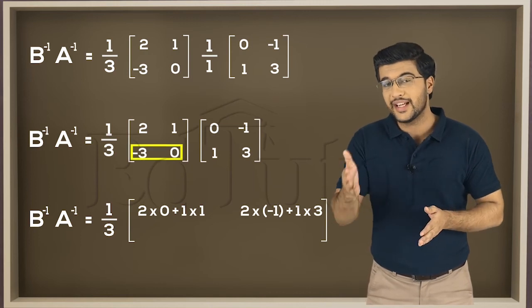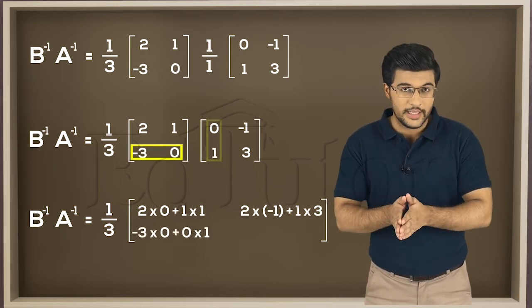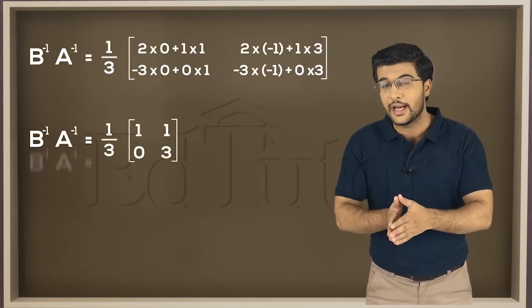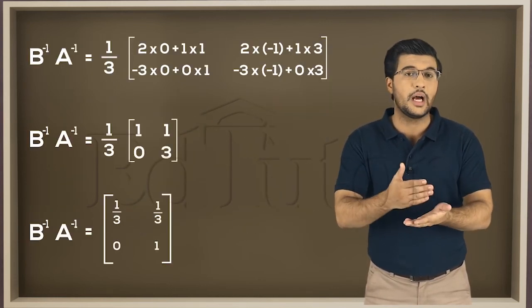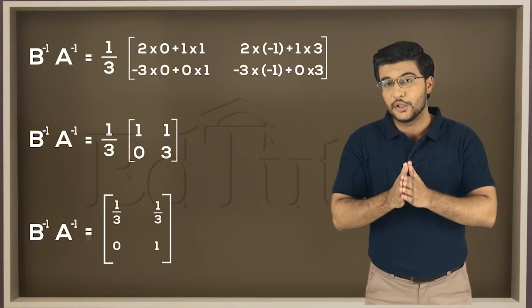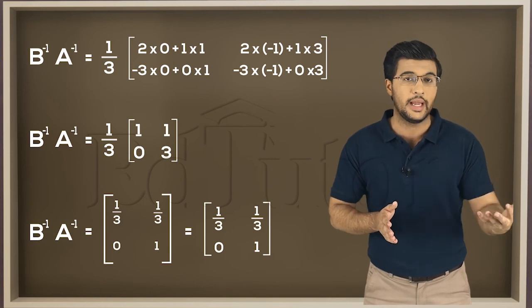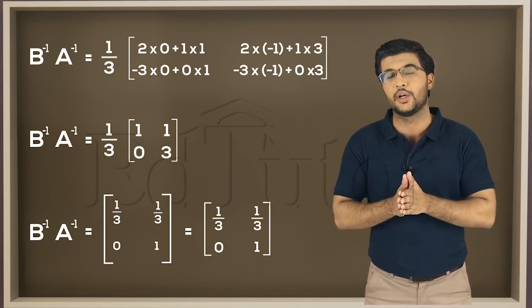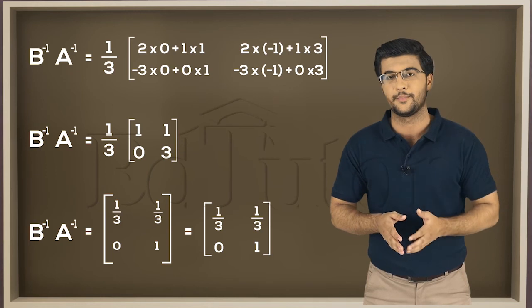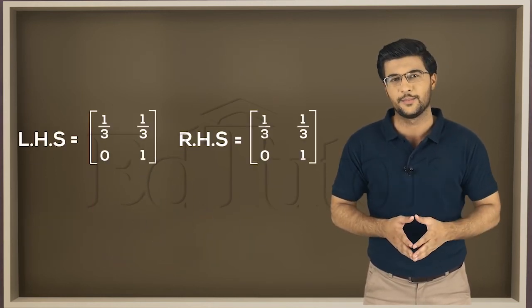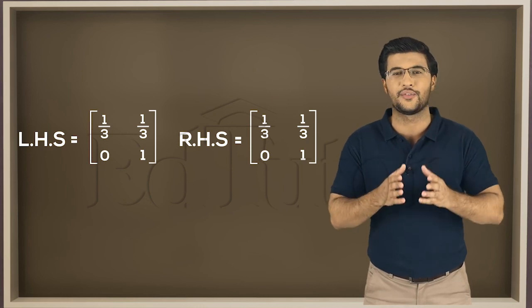Similarly, do the second row, first column and then the second row, second column. By solving the rest and finally taking this 1 upon 3 inside, you can see that the inverse of B into the inverse of A is clearly equal to the inverse of AB. Thus, the left hand side is equal to the right hand side and the relation is verified.